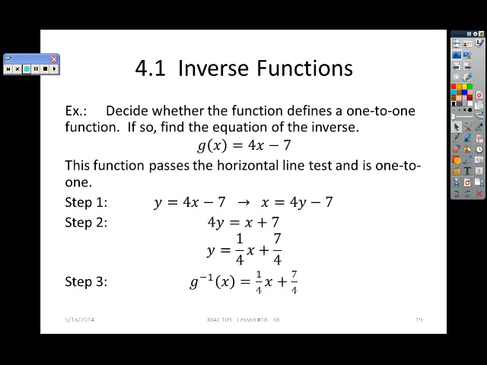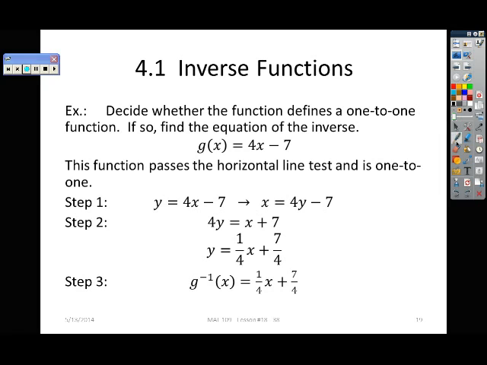What that means is that if I do the composition of g of x and g inverse of x, I will get x as a result. Let's show that. I want to do g of g inverse of x. So that means I'm going to do g of this.